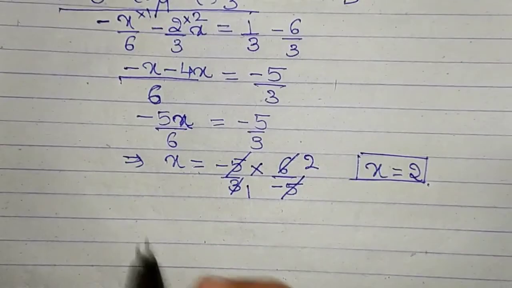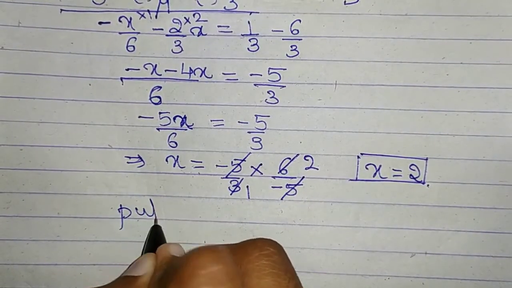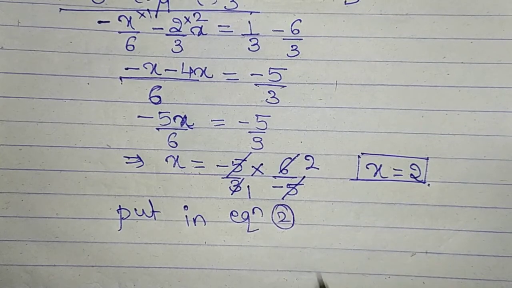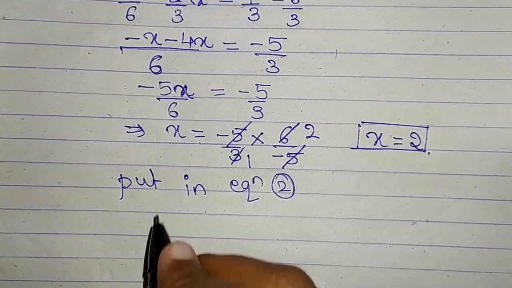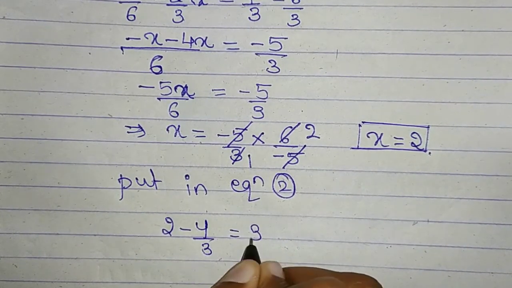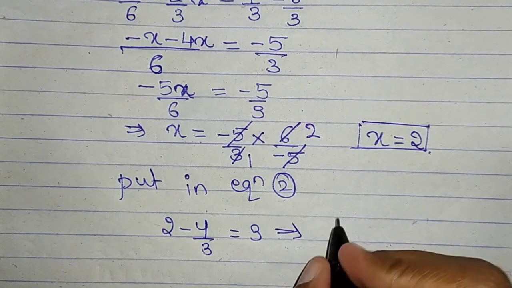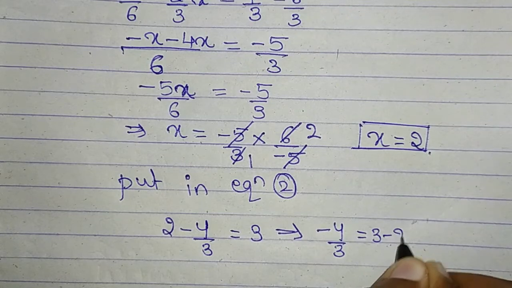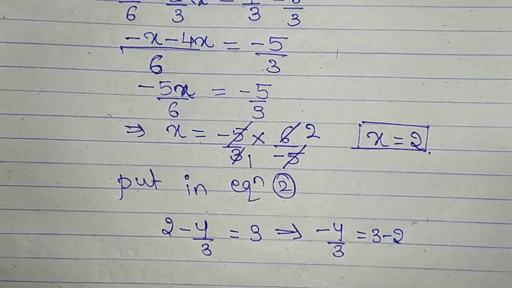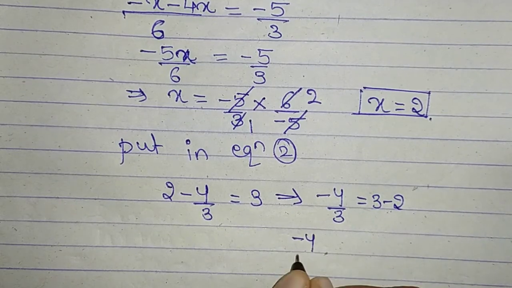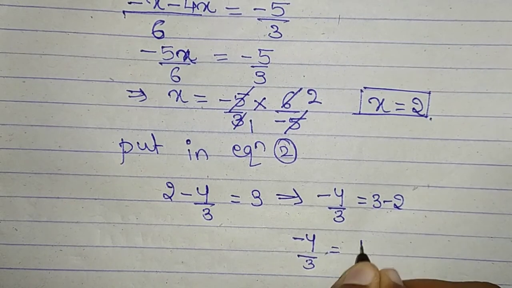So now put this in equation 2 to get the value of y. We will get 2 minus y by 3 is equal to 3. This implies minus y by 3 is equal to 3 minus 2. So minus y by 3 is equal to 1.